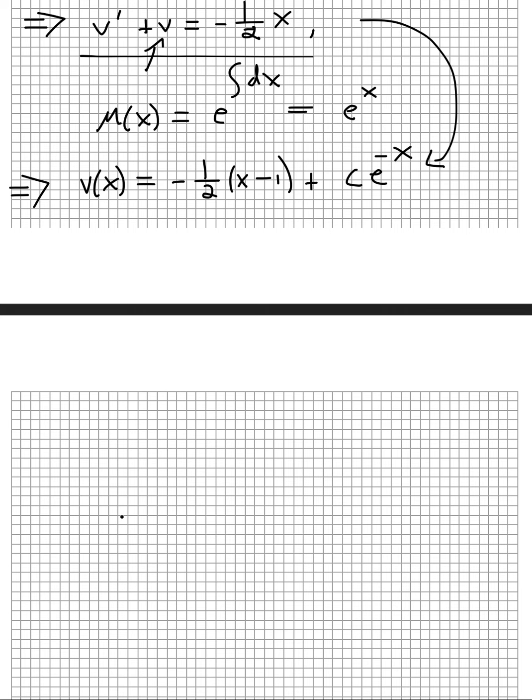All right, so now that we're there, we can back substitute what we created for v with the y term, and this will give us the following. V of x, right? V was y to the minus 3. So that's going to equal minus 1/2, right, times x minus 1, all right, plus c e to the minus x, all right.